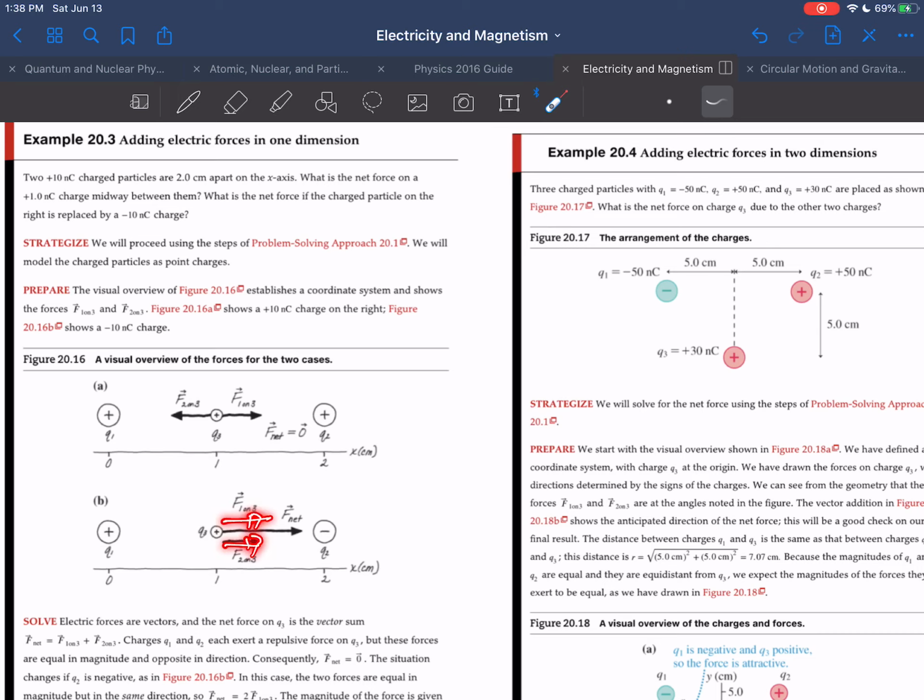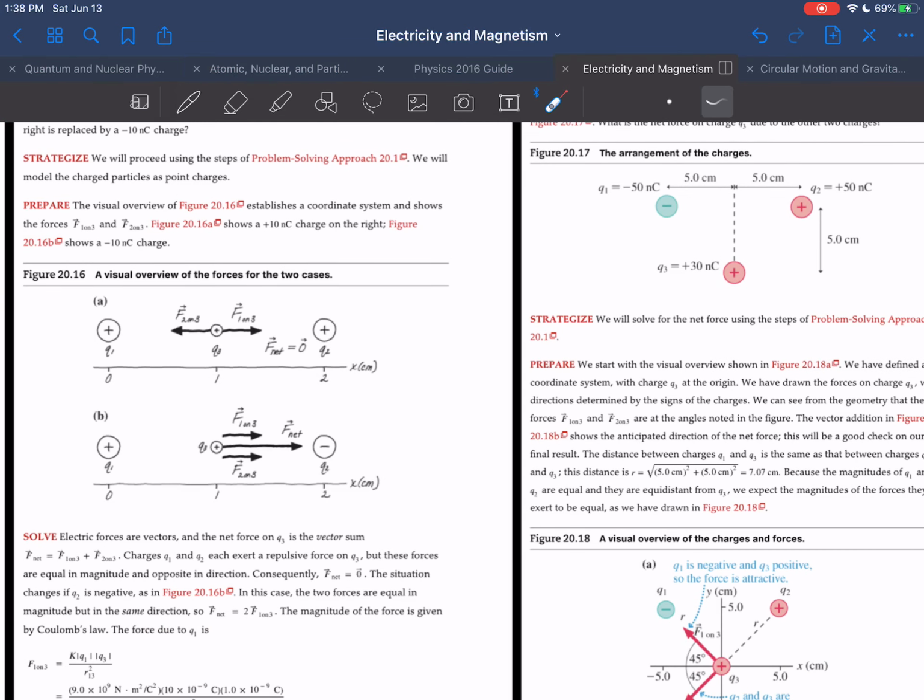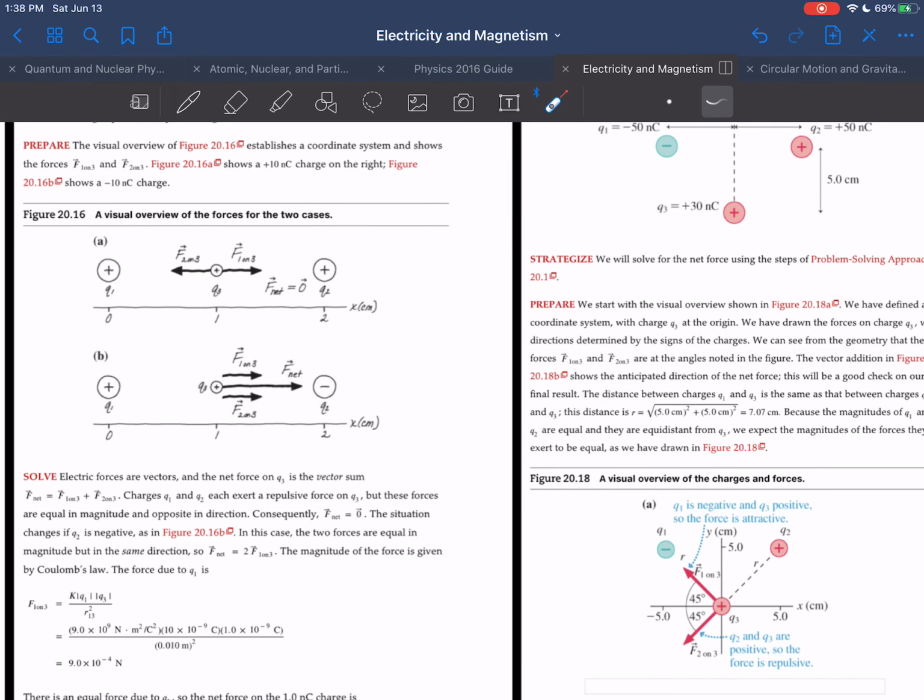The distance between each charge and Q3 is the same, which means that F net is simply those two vectors added up, and those two vectors, F by 1 on 3 and F by 2 on 3, are the same size, which means if you can calculate one of them, you simply double it to get the net force on Q3, where Q3 is being repelled from Q1 and attracted by Q2.